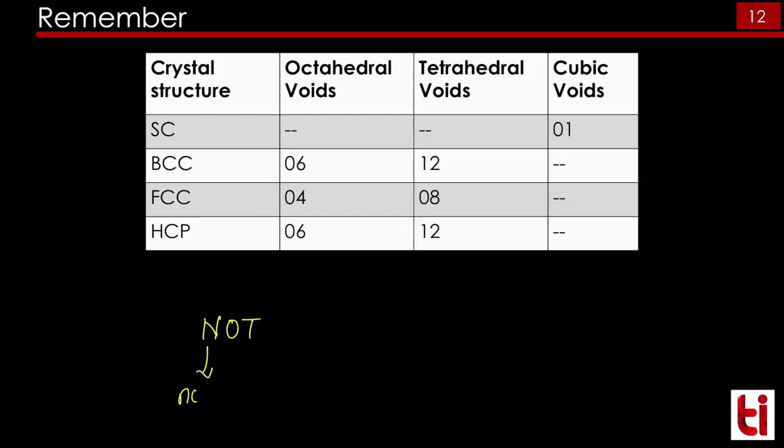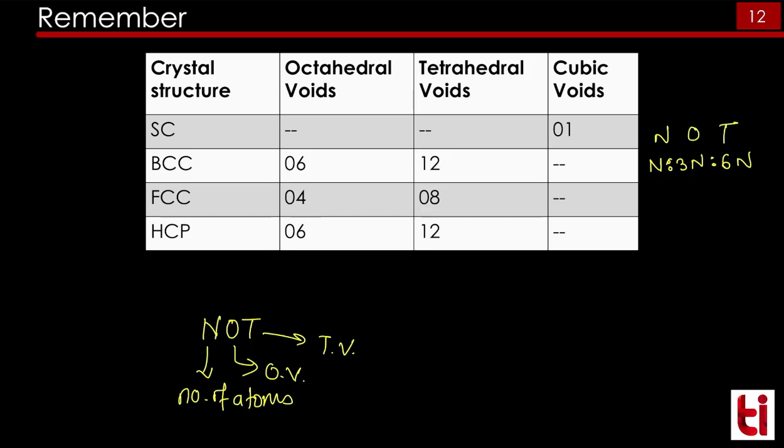N is the number of atoms, O is octahedral voids and T is tetrahedral voids, right? So for BCC, the formula will come like N : 3N : 6N. So for BCC, NOT is 1 : 3 : 6.